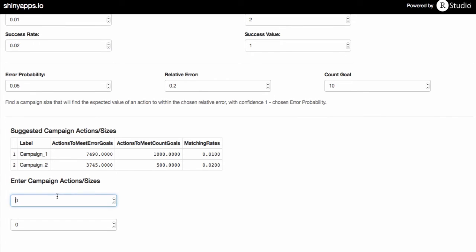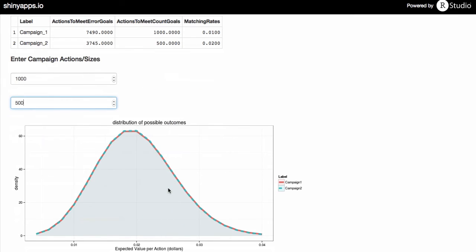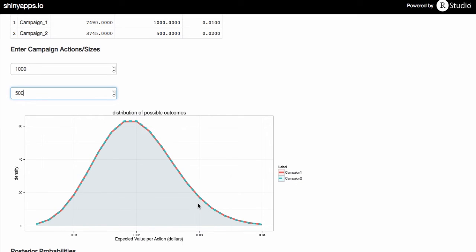We can enter those. So we'll run the first campaign for 1,000 actions and the second for 500, and that populates the result table. Here we see the 2 curves, the dashed blue and solid red, are overlaid, that both campaigns have very similar distributions. In this case, the x-axis is the expected number of successes seen in an actual trial divided by the action size.